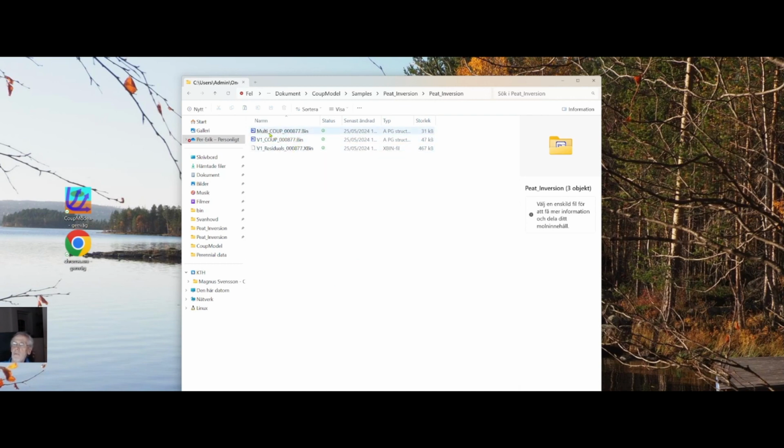So one multi-cup, one V1 and one V1 residuals. All those are a little bit tricky. The two first are PDF files, so they can be understood by just clicking on them.